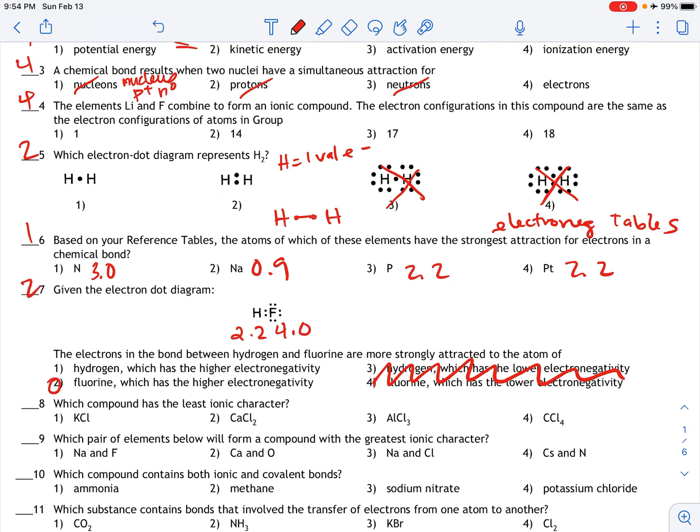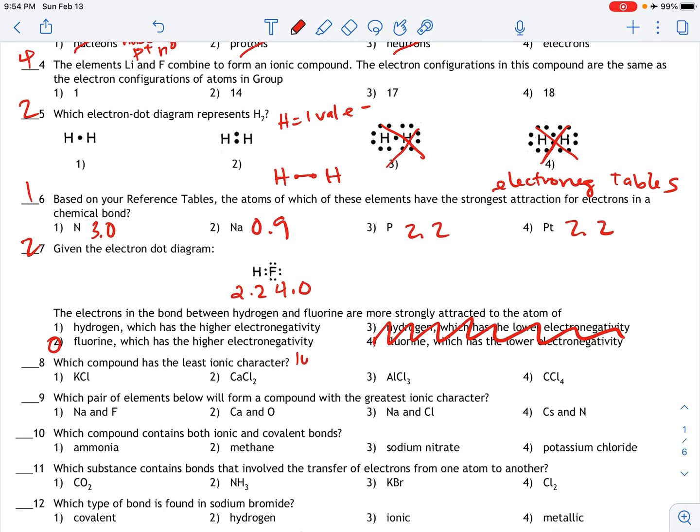Which compound has the least ionic character, which means the lowest electronegativity difference? I'm going to guess it's choice 4, simply because this is ionic, and this is ionic, and this is covalent. But what I would recommend you do is look up the differences and see which is the smallest.